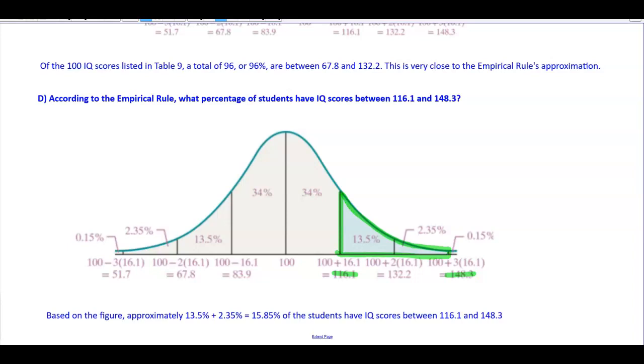So the percentages are 13.5% and 2.35%. Based on the figure, approximately 13.5% plus 2.35% equals 15.85% of students that have IQ scores between 116.1 and 148.3.